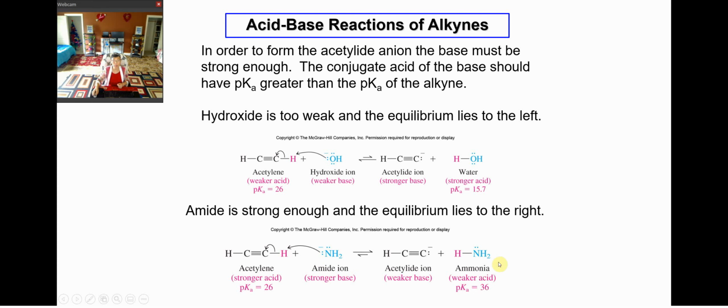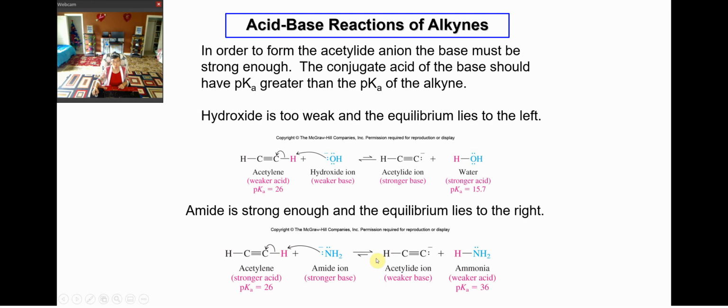Compared with ammonia, acetylene is a stronger acid. Your amide is a stronger base compared with the acetylide anion. Therefore, a strong Brønsted-Lowry acid and a strong Brønsted-Lowry base will react, and the reaction moves forward to produce the acetylide.